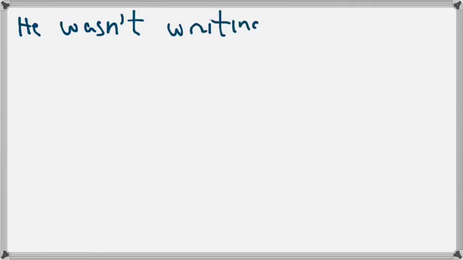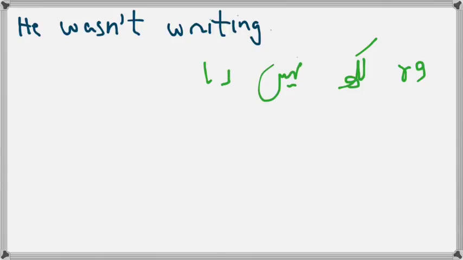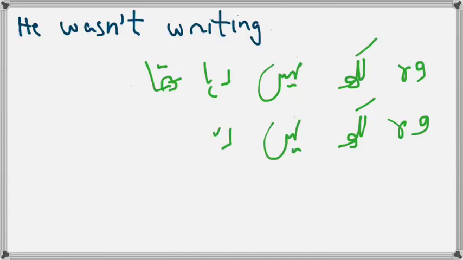He wasn't writing. He was not writing. There are two versions. वो लिख नहीं रहा था, informal version, and वो लिख नहीं रहे थे, it's the formal version.